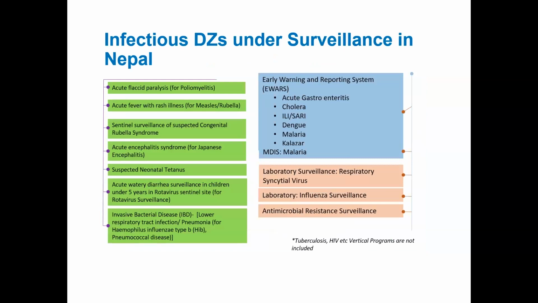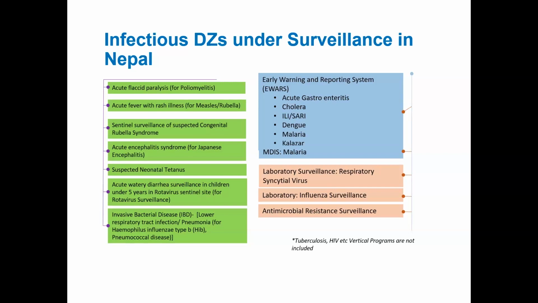Regarding infectious disease surveillance in Nepal, it is fragmented and conducted vertically by different institutions. For example, the Epidemiology and Disease Control Division under the Department of Health Services, where I work, has an early warning and reporting system, a national surveillance tool that has been implemented for 25 years.